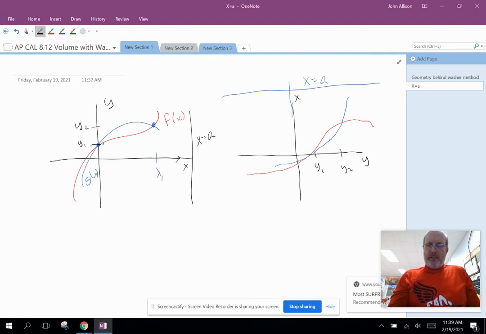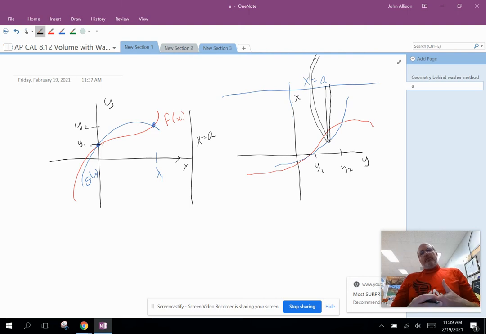Once again, this time we look at one large disk we're going to revolve. This is where you really need to understand the geometry so that you can know which one is going to be your outside disk and which one's going to be your inside disk. It's all based on the graph and where things relate on the graph.